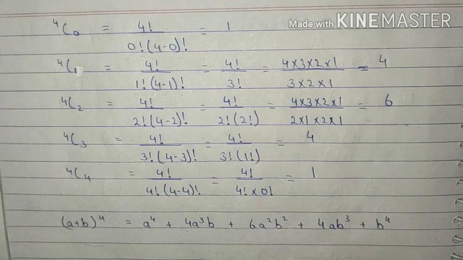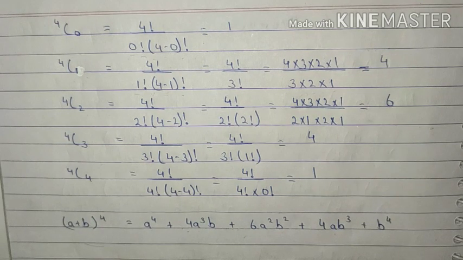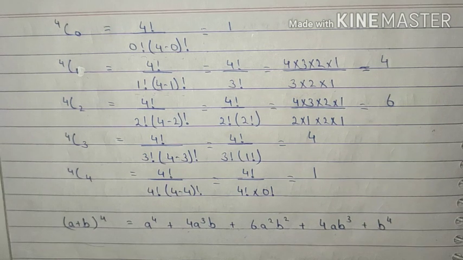So what did we observe? That when we are multiplying any binomial with itself, it can be expressed with a fixed pattern of powers and values from combinations.